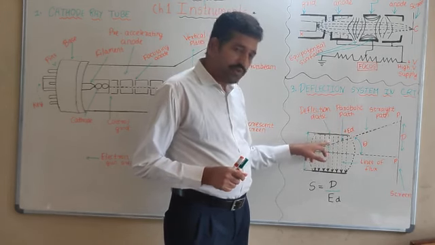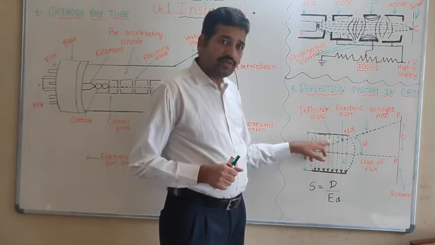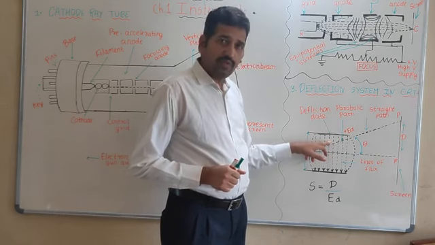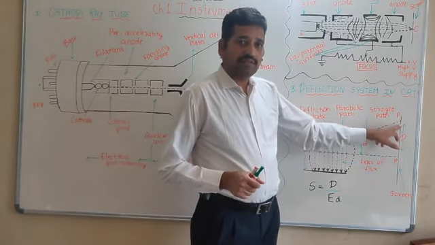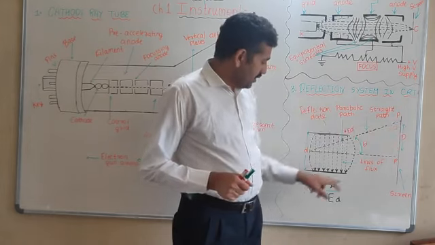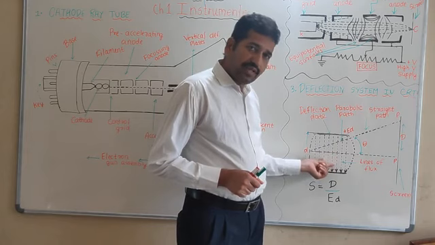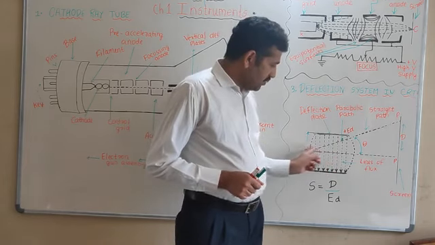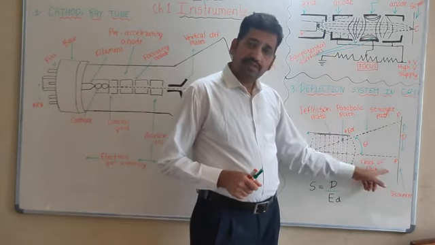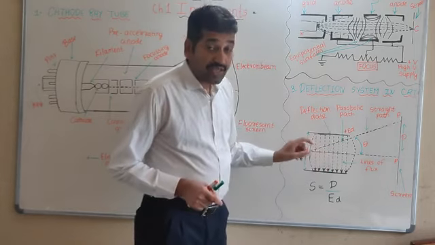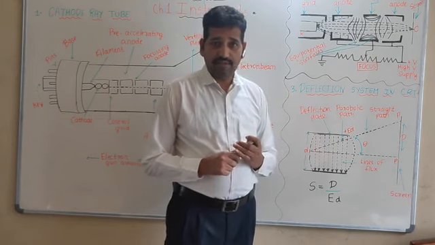If there is a more positive voltage, more positive charge is produced here. Electrons are attracted towards this positive charge and the electron beam is deflected up. Similarly, if positive charge is produced at the bottom, then the electron beam is deflected down. In this way, the deflection of the electron beam is the combined effect of the vertical as well as horizontal deflection plates.